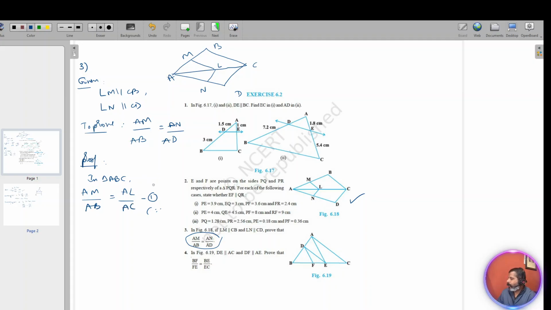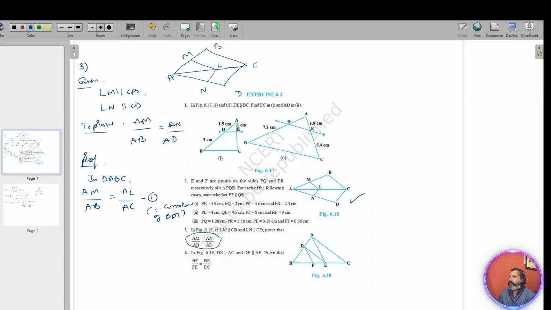Okay, AL by AC. AN by AD they want. AM by AB, AN by AD, right? AL by AC. This is by corollary of BPT.